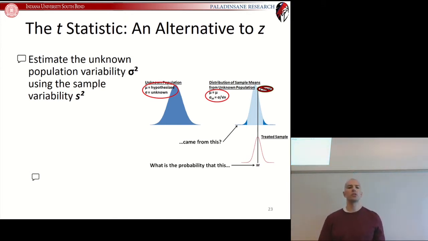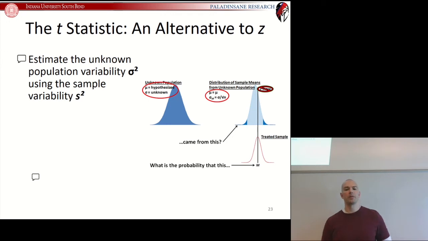So we're going to estimate that unknown population variability using our sample's variability. And that is the basic difference. We don't know what the population variability is. We're looking at a sample and we say, hey, we'll use this sample variability and that'll stand in for the population variability.